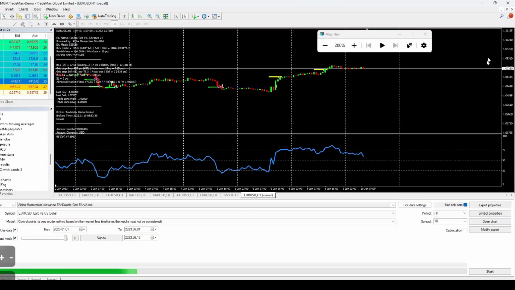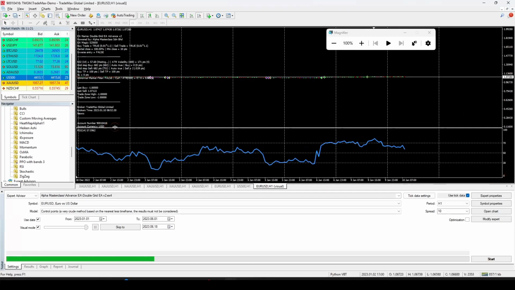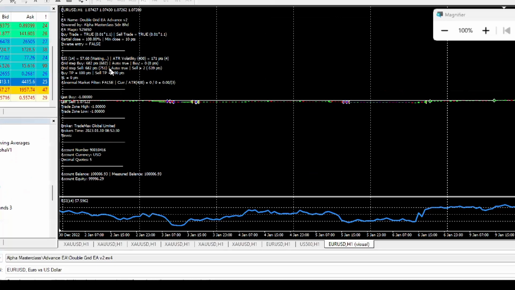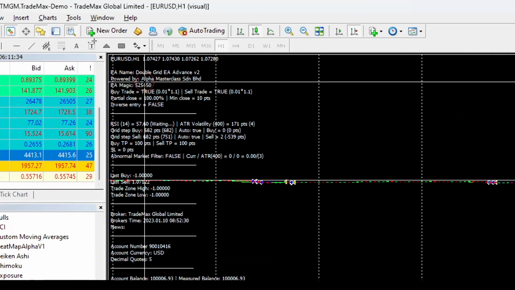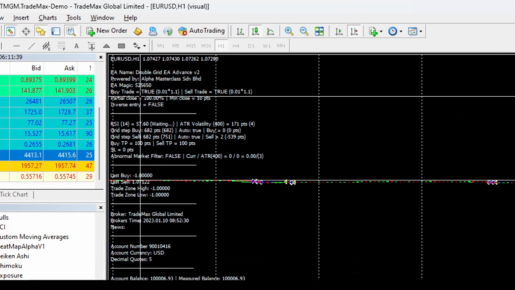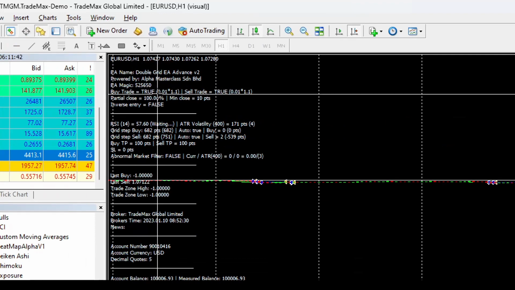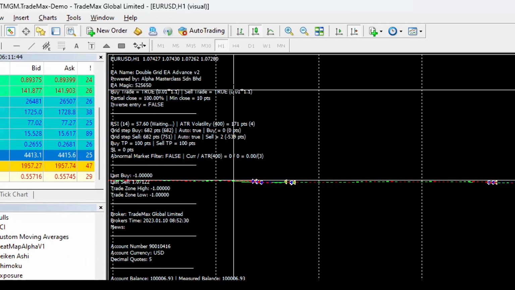Essentially, this panel gives a lot of information. When you want me to do troubleshooting, I always need to have this as a reference. So from here, you can see the magic number is about this. And when you trade, it will ask whether you want to use buy or sell. By default, I use buy and sell. Lot sizes are likely to be the same.